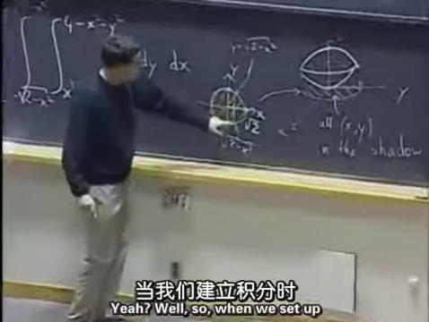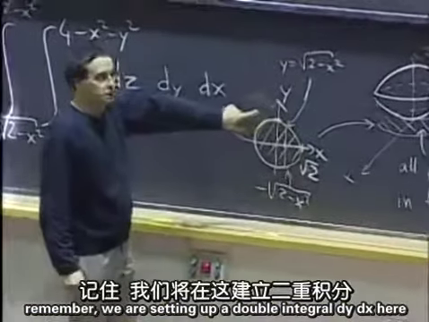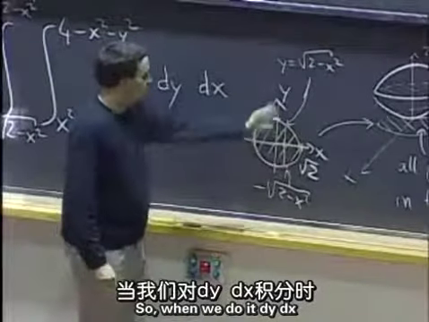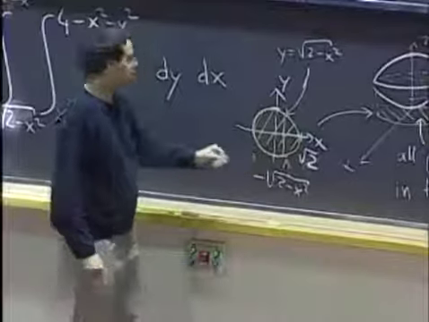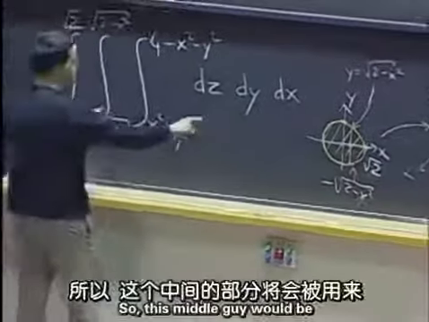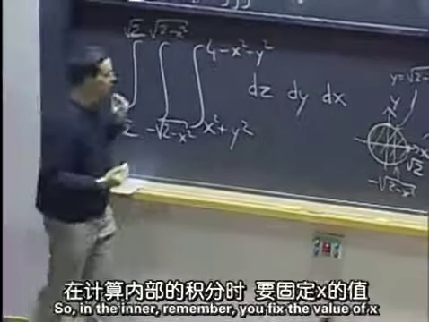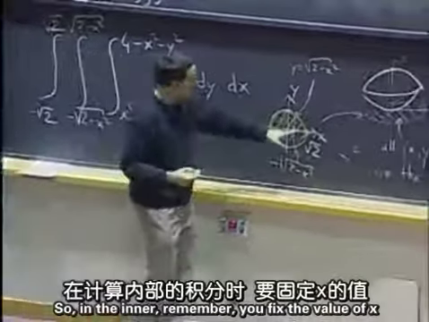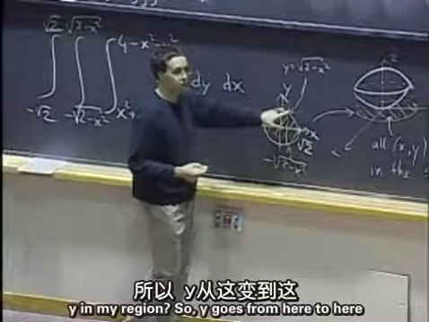Remember, we're setting up a double integral dy dx here. When we do it dy dx, it means we slice this region of the plane by vertical line segments. So this middle guy would be what used to be the inner integral. In the inner integral, remember, you fix the value of x, and you ask yourself, what is the range of values of y in my region?